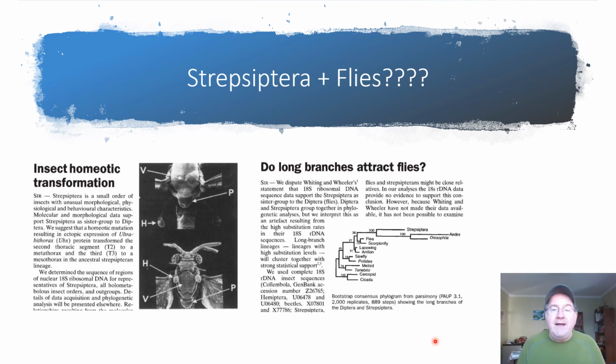And that, in fact, when you analyze the data, well, no, this is not a reanalysis. This is the straight up data. So here's the Strepsiptera up here being attracted, being grouped together with the true flies.